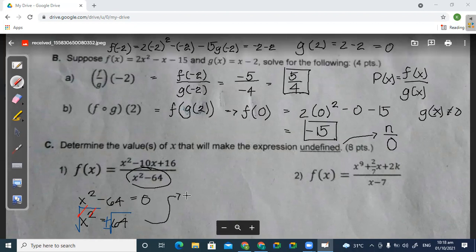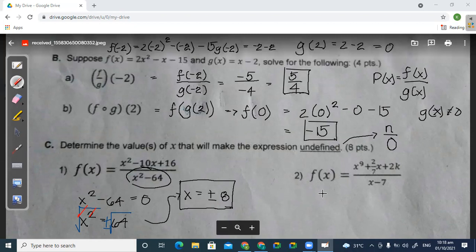For example, what is the square root of 64? 8. So, this simply means that 8 squared minus 64 is equal to 0, as well as negative 8 squared is also 64, minus 64 is equal to 0.